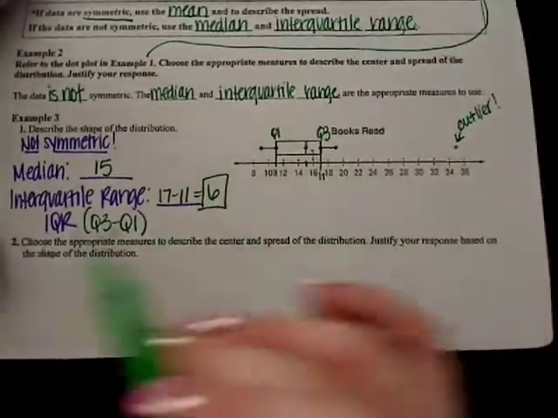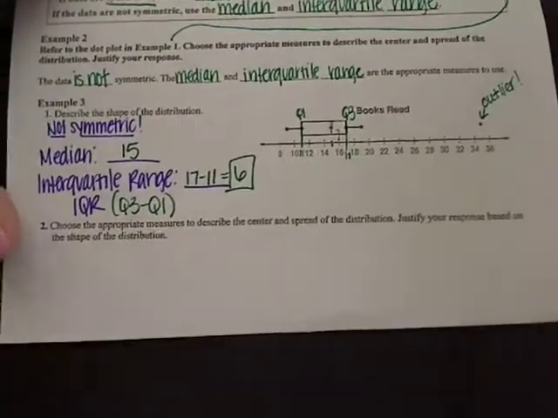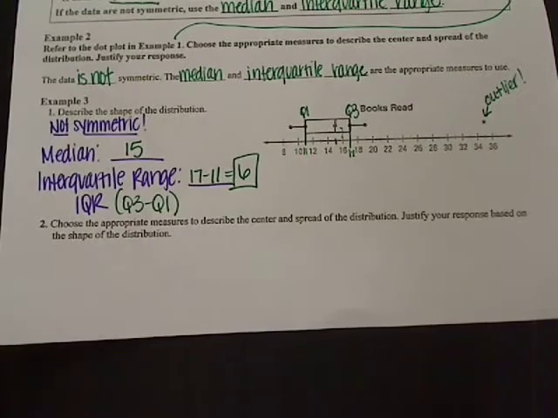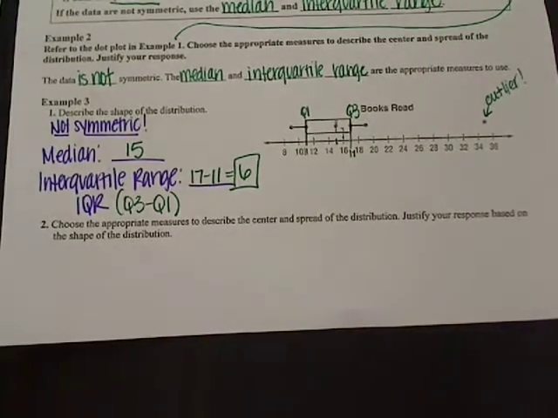Okay, number 2, choose the appropriate measures to describe the center and spread of the distribution. Justify your response based on the shape of the distribution. Okay, so we're going to have to justify our response. So that means that we're going to be doing a little bit of writing.